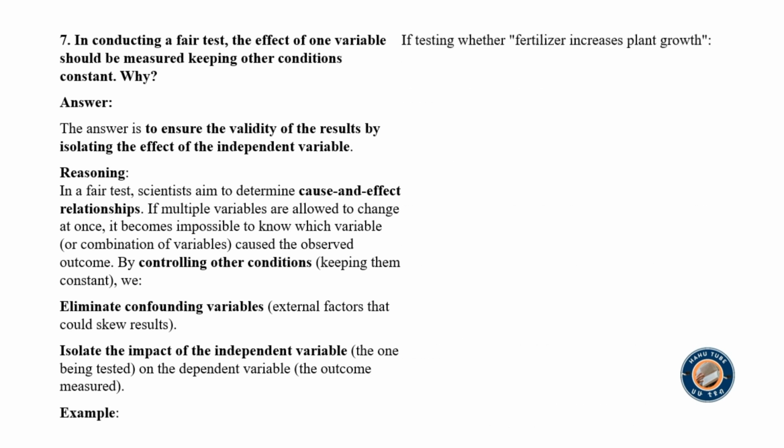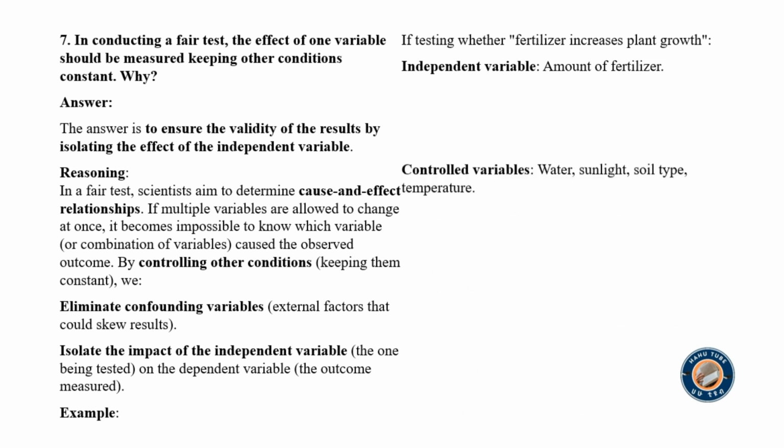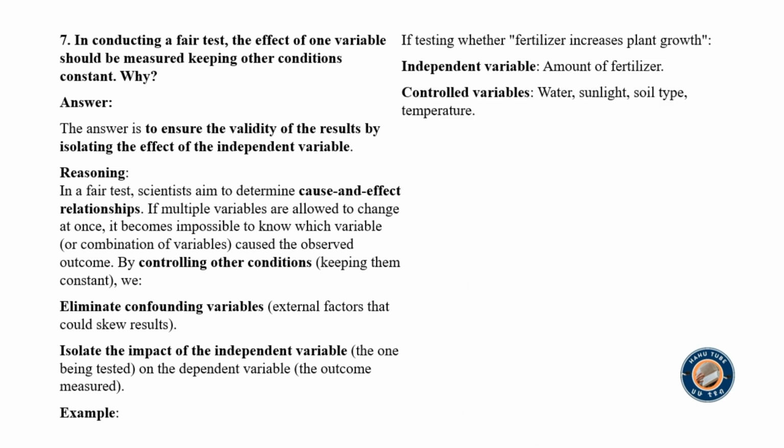For example, if testing whether fertilizer increases plant growth, the independent variable is the amount of fertilizer, and the controlled variables are water, sunlight, soil type, and temperature. If you vary both fertilizer and water, you can't tell which factor caused changes in growth.